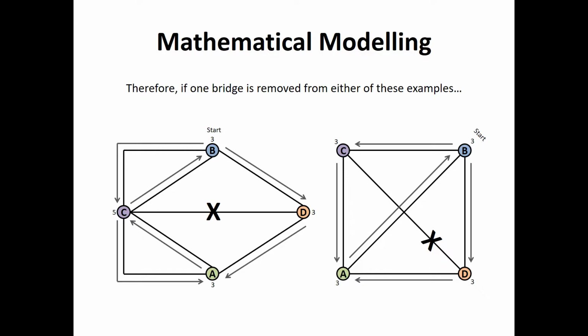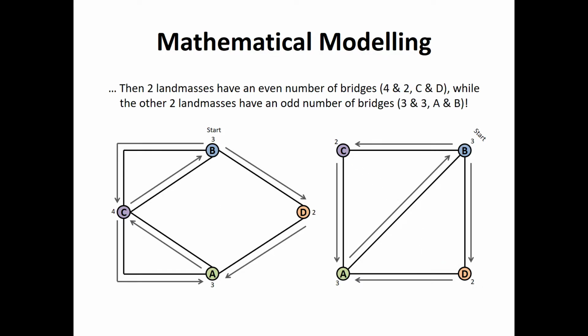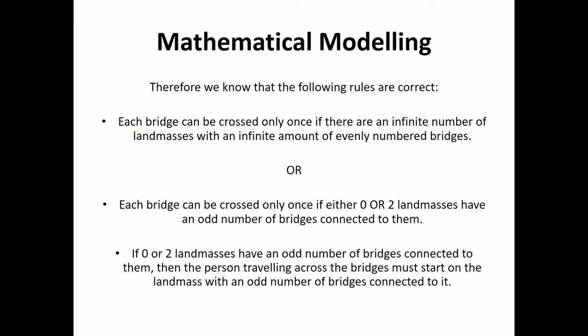Therefore, if one bridge is removed from either one of these examples, as shown here, then two land masses have an even number of bridges, 4 and 2, as shown in C and D, while the other two land masses have an odd number of bridges, 3 and 3, A and B, and therefore that can be solved. So that further proves these points that I've just pointed out.